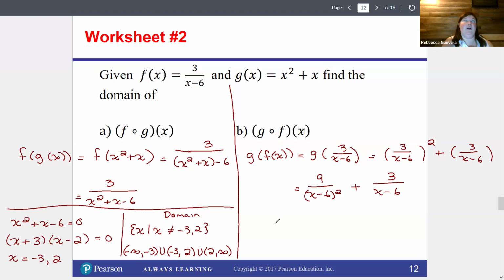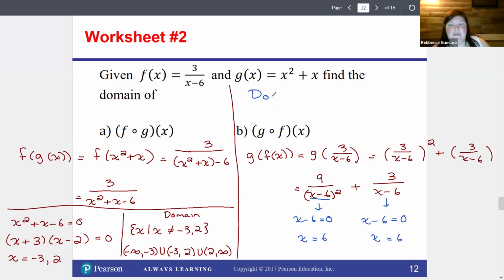If you remember, the multiplicity or this power is only telling me how many times that 0 occurs. So I just have to worry about where this equals 0. In both cases, we're just looking at x minus 6, so the one thing that gets kicked out is 6.